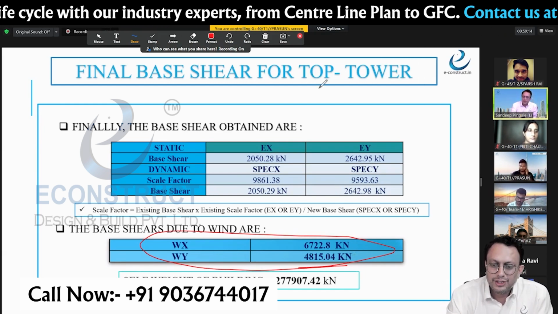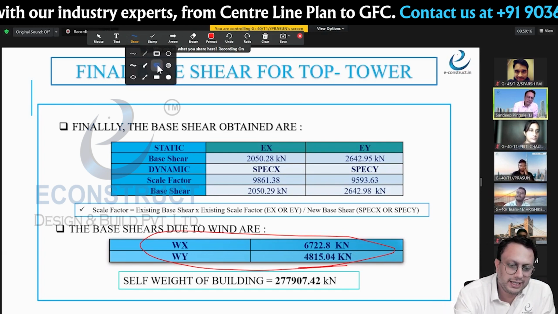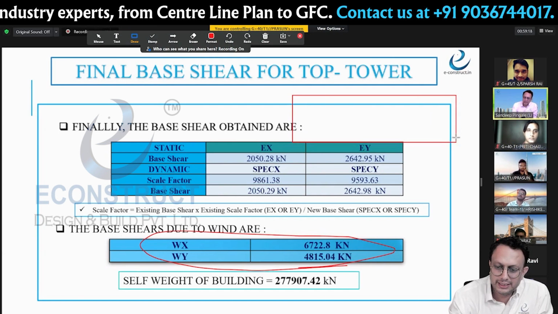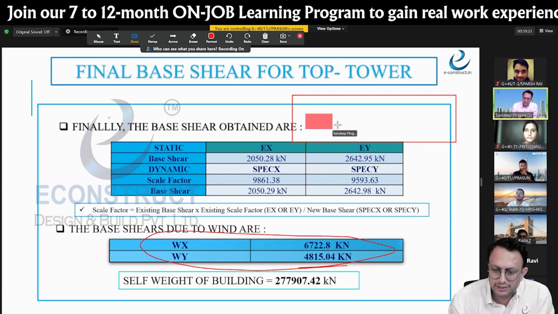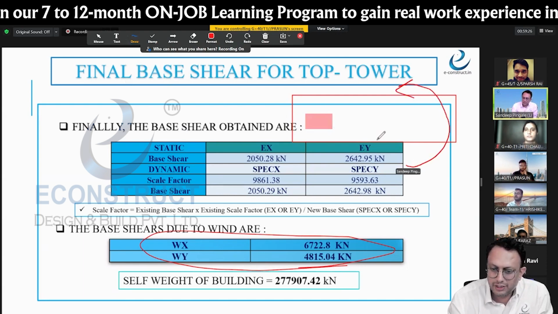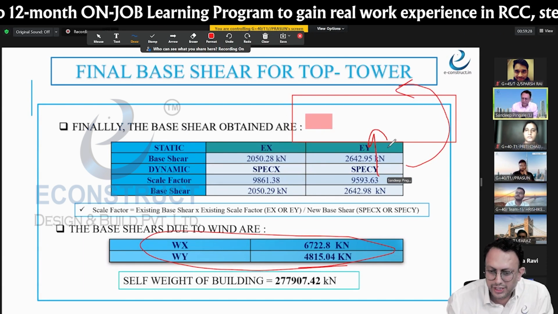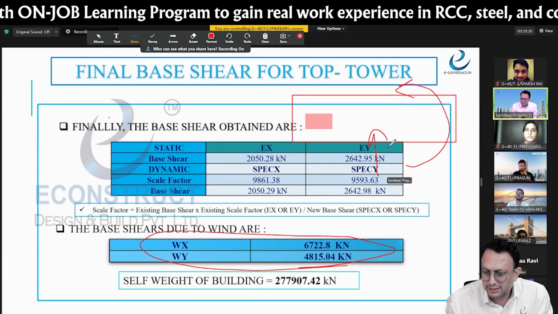Correct, no? See, what you are saying is, my building is like this and the core is far away from the center. So what it will do is create torsion. It will not increase the wind base shear. Do you agree? Yes.